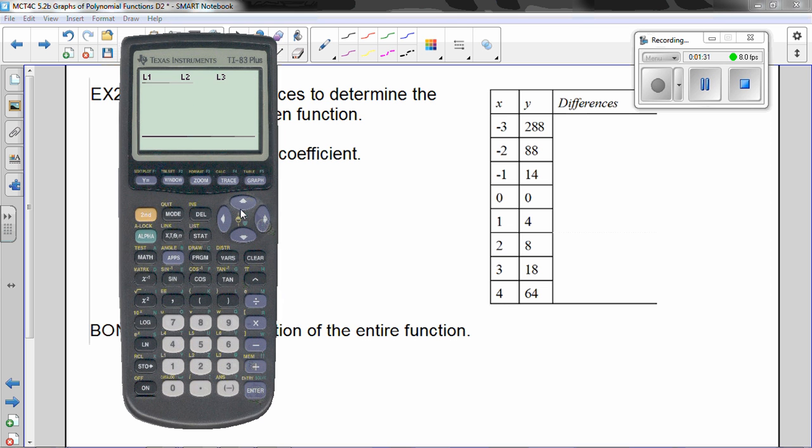Those match up. Now I'm going to use the differences tool. Second list, ops, differences, and list 2 to start. Press enter. I'm just going to keep going.